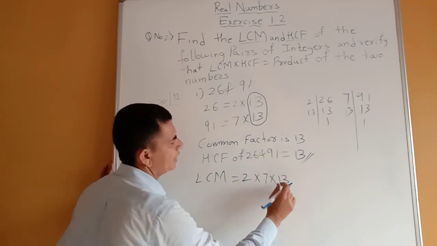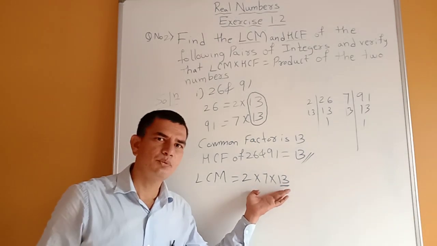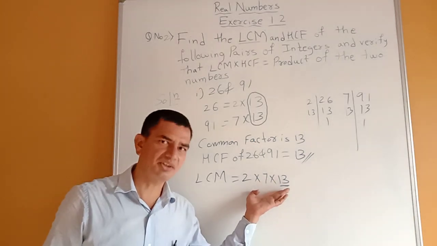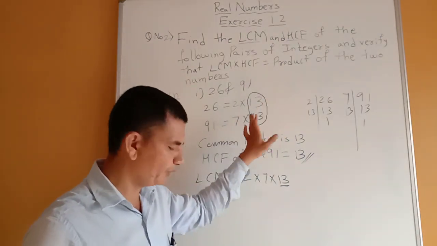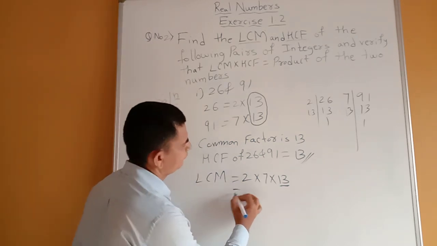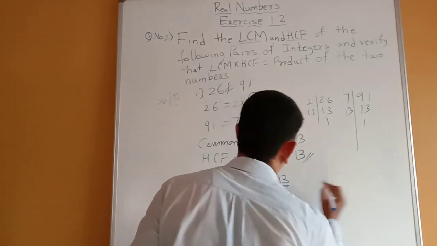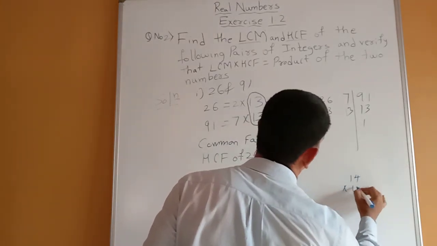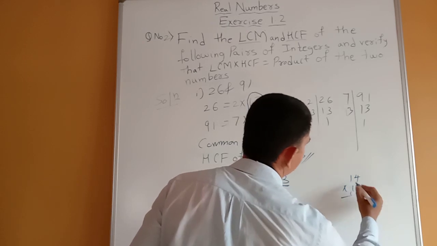This we have to remember: 13 we have to take only one time. We should not take 13 into 13 because 13 is repeated, so we write it one time only. So 2 sevens are 14. 14 into 13. We have to do 3 fours are 12.